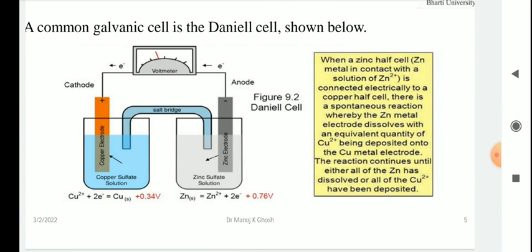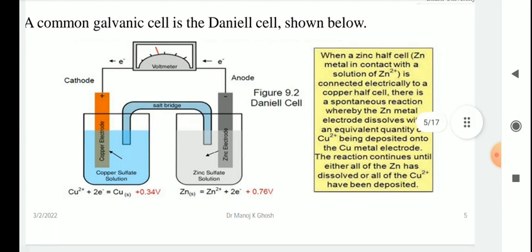Similarly, for the zinc electrode, the EMF generated is 0.76 volt. By the use of the Nernst equation for the electrochemical cell, the potential difference is developed in the zinc electrode and in the copper electrode.